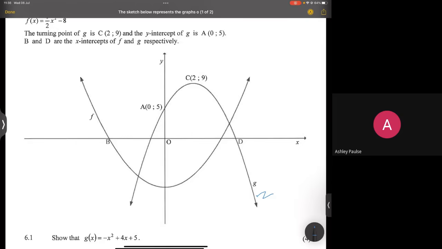So what I could do is I could use the standard form that I showed you, right? In this case, where we've got g of x is equal to a into (x minus p) squared plus q. Do you remember that?